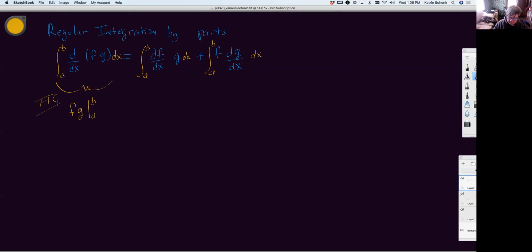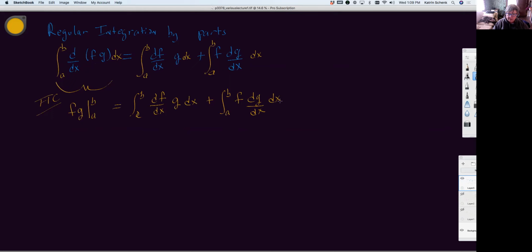Okay. So that is equal to these integrals, a to b of df/dx times g dx plus the integral a to b of f dg/dx dx.